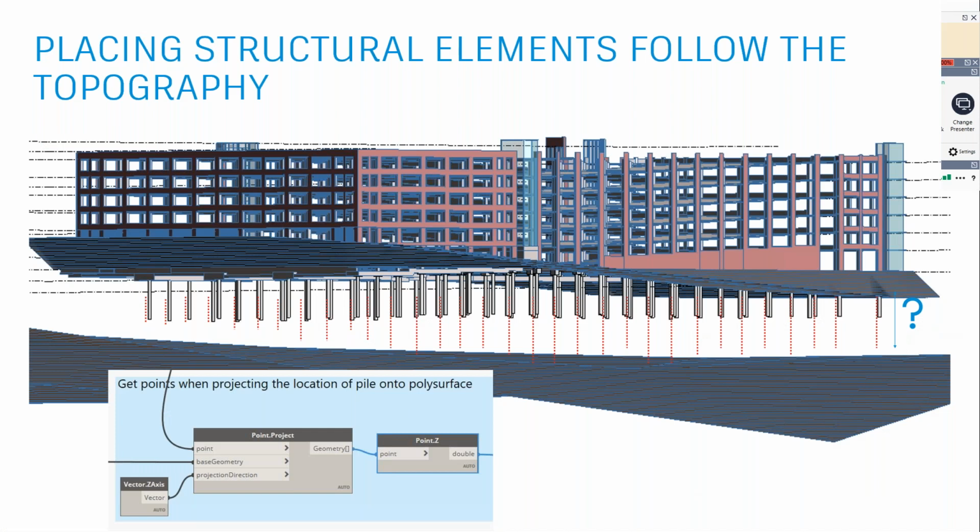From a structural perspective, there could be multiple instances where Dynamo can be really helpful. The first thing that I would like to share is, in case I'm doing modeling of my piles, and essentially I have a topographic surface developed, because of the changes in the terrain and changes in the topography, it becomes very tedious and cumbersome to identify the depth of the pile.